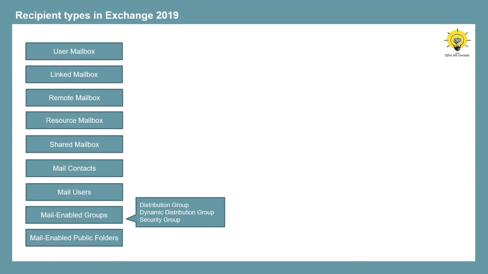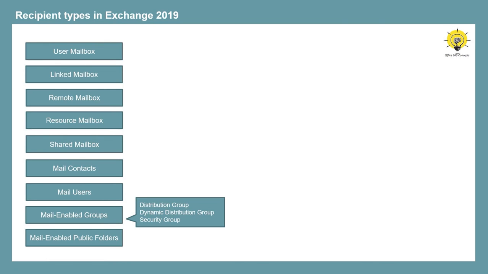If you have to send one email to multiple users, or let's say to 100 users, you cannot type their email addresses one by one. Instead of this, you can create a distribution group, add 100 users within the distribution group as members, and send email to the distribution group itself. As soon as distribution group will receive that email, it will distribute a copy of that email to each member.